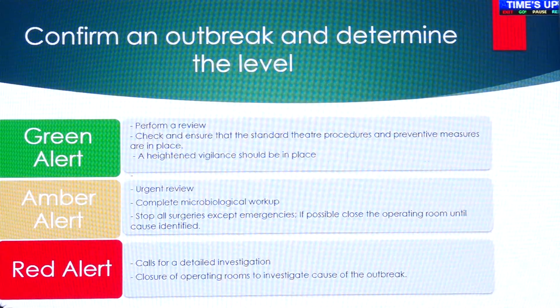If it's a green alert, you perform a review, check and ensure that standard theater protocols and preventive measures are in place, and maintain heightened vigilance. If it's an amber alert, it calls for urgent review and a complete microbiological workup. Stop regular surgeries; only emergency surgery should be done, and if possible, don't start even regular surgeries until you've identified the cause.